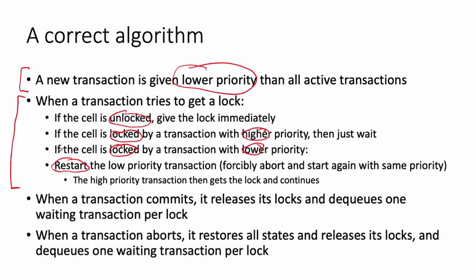So basically, it forcibly, it's not really an abort. I'm calling it an abort. It forcibly causes that transaction to restore all the state, release all the locks, and start again with the same priority. That's very important. So it's always the same transaction. A transaction will never change its priority.